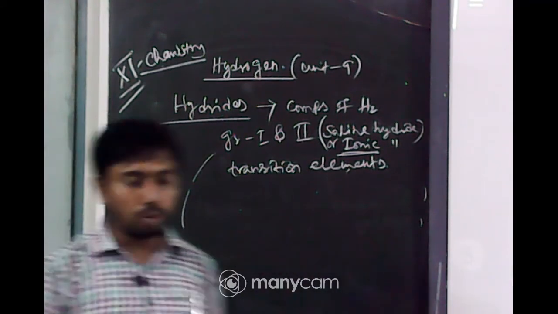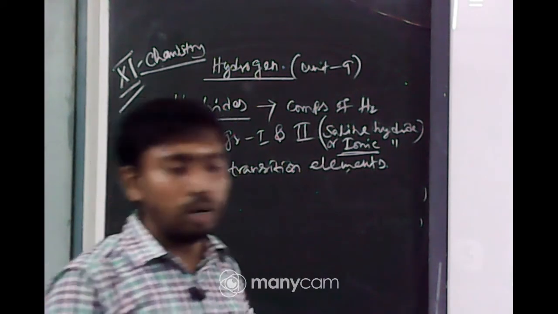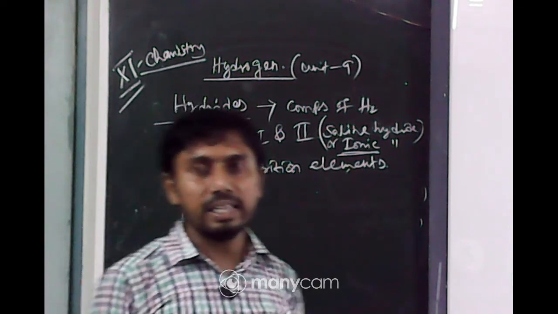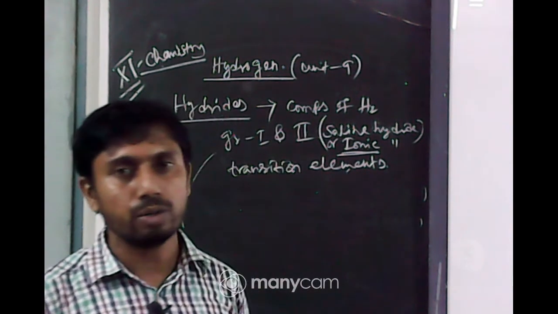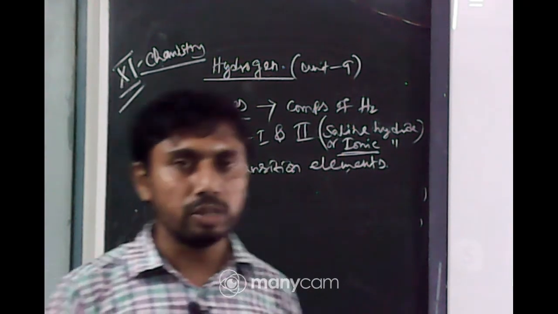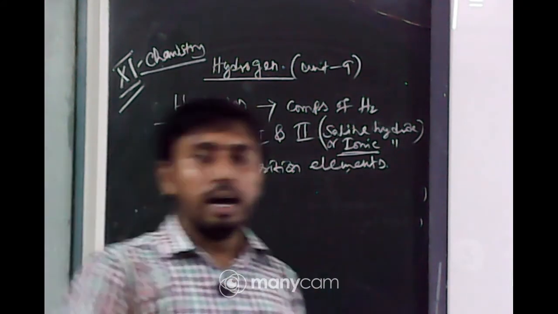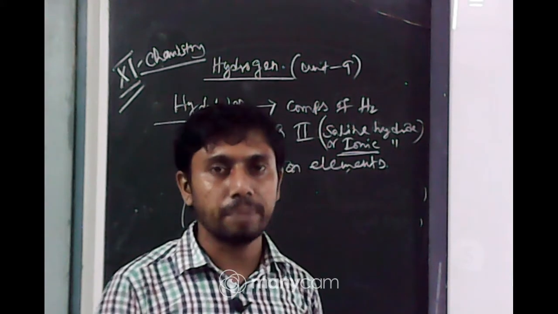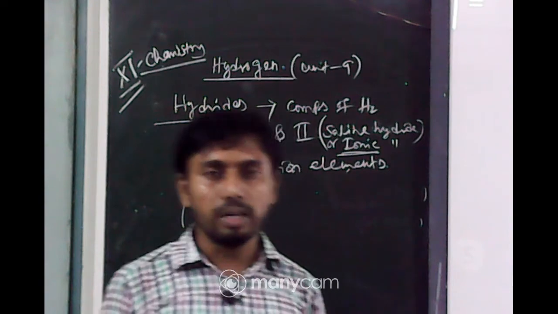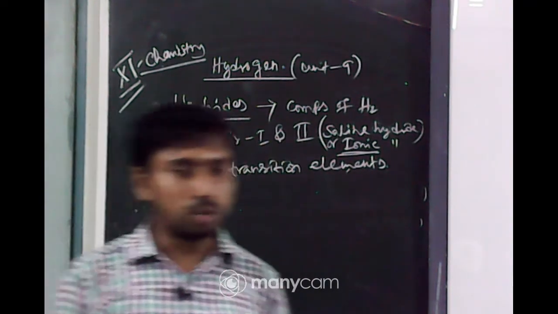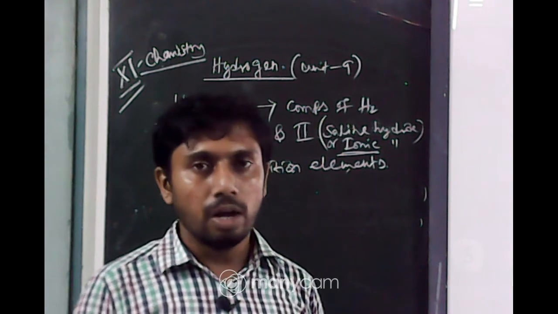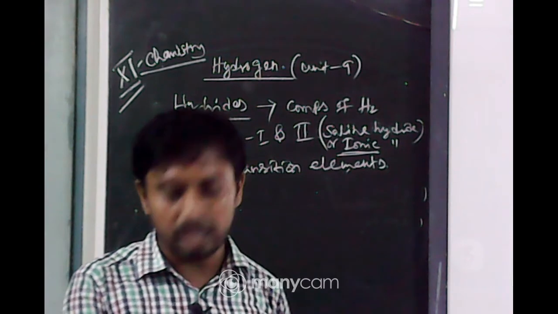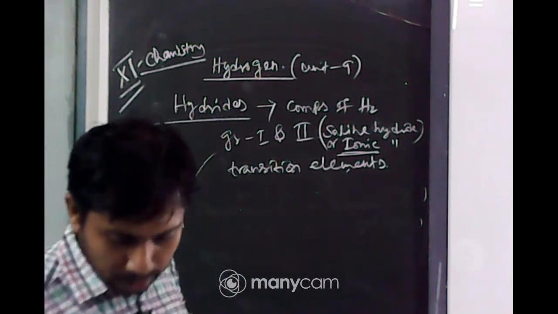Here we have to know one concept, that in metallic bonding there is interstitial space in between the metal atoms, and as the atomic size of hydrogen is very small, it can be captured in the interstitial space shown in the structure of the metal. So the interstitial space is occupied by hydrogen and it is non-stoichiometric. What is non-stoichiometric? I am writing some examples.